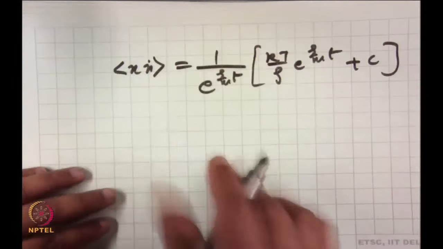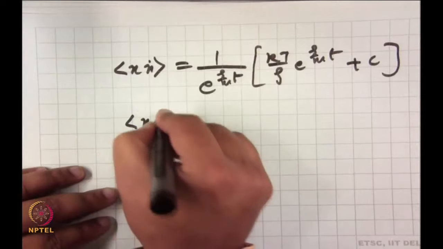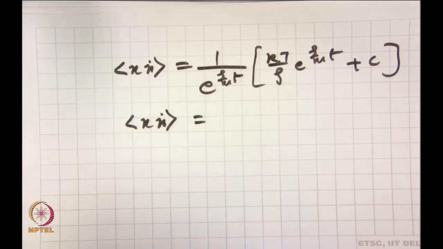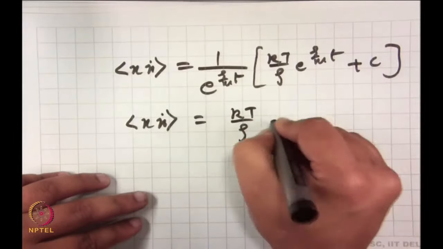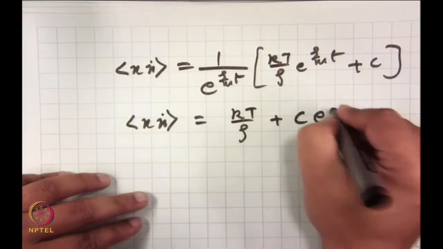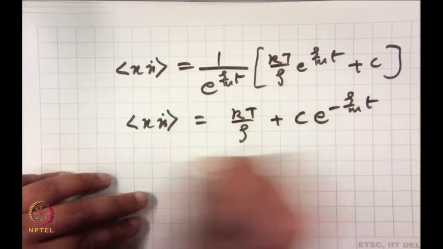Okay. So, then my x dot is equal to kT by xi plus the constant c e to the power minus xi by m t.